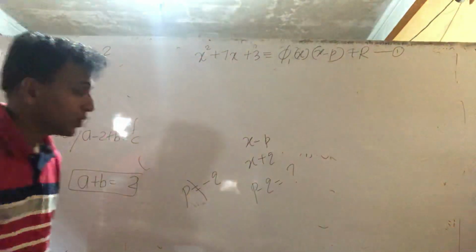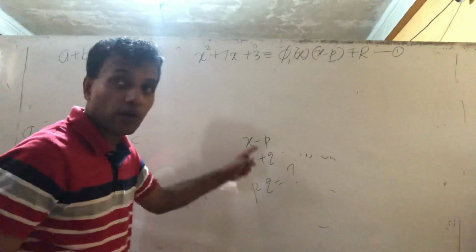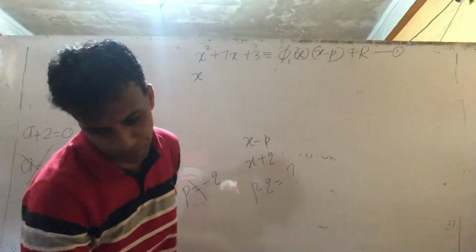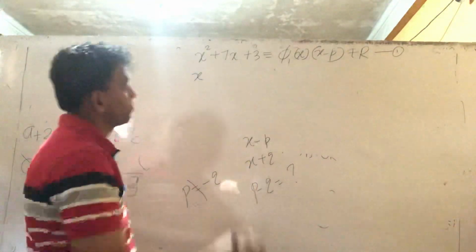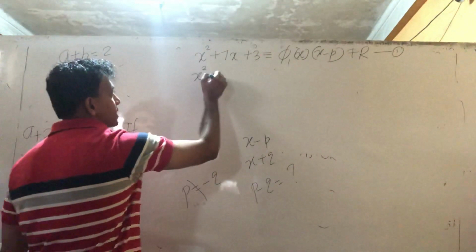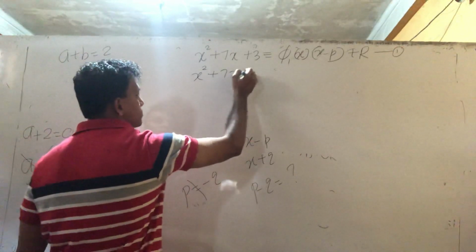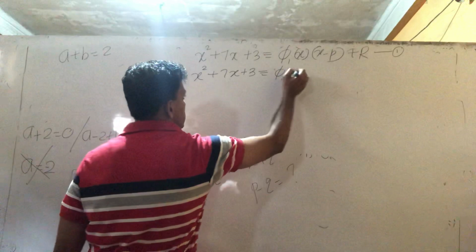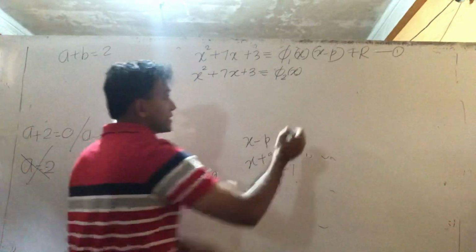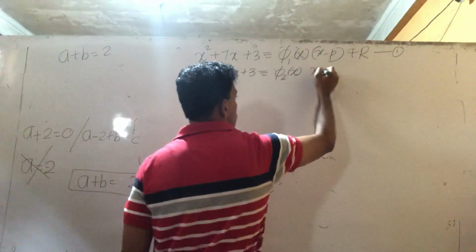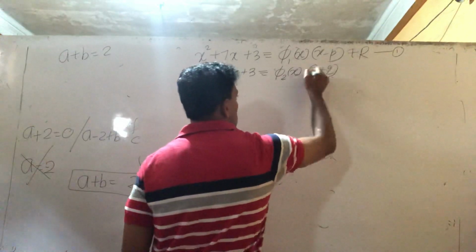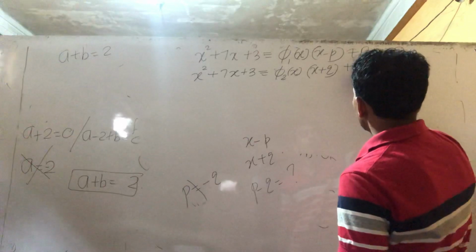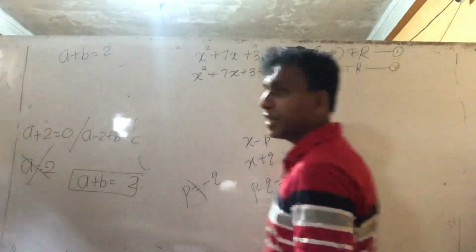Now take the second occasion. They say divide by x plus q. So the same polynomial x square plus 7x plus 3 equals answer into divisor x plus q, plus the balance, let's say the same r. Say second equation.